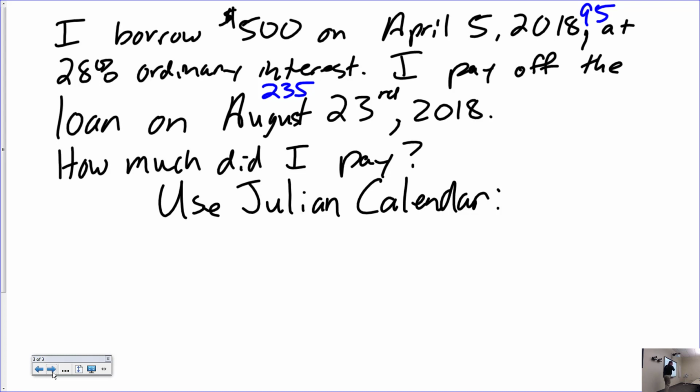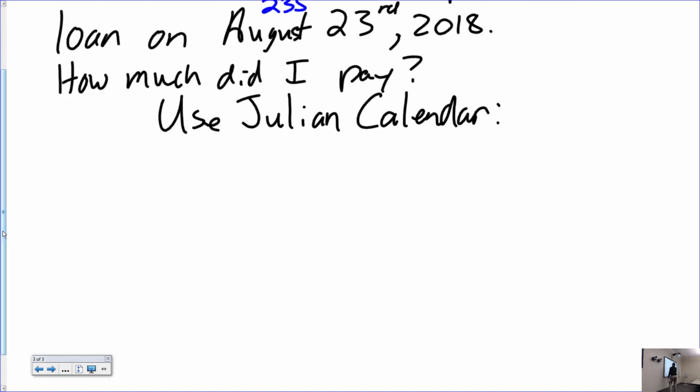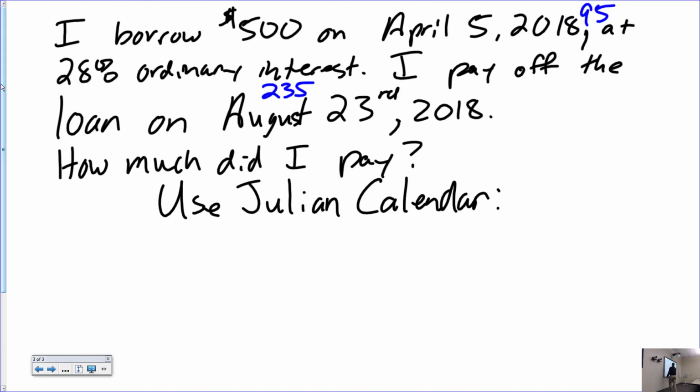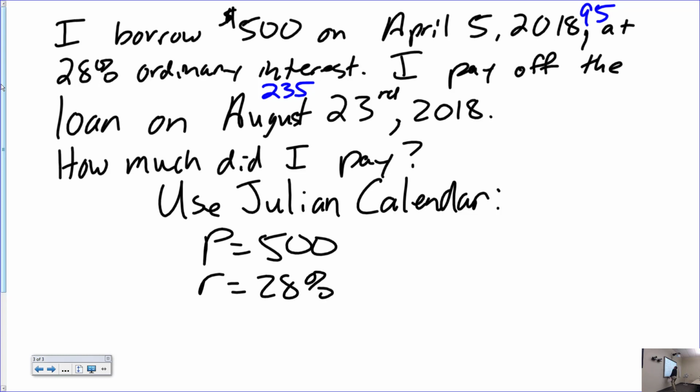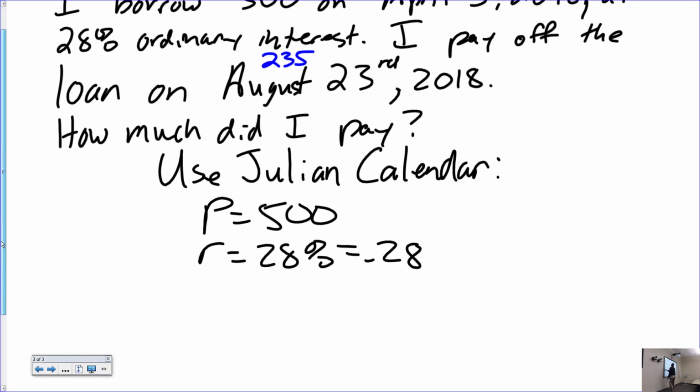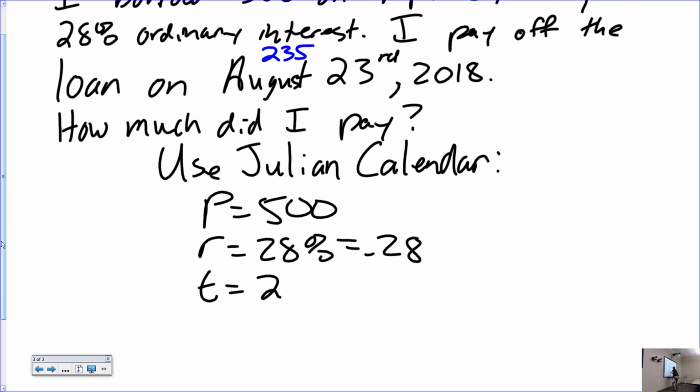So, in other words, be able to figure out how many days there are between dates using this calendar, okay? Otherwise, everything else flows the same way. Principal is 500, rate is 28%, which is 0.28, and this time time is 235 minus 95 equals 140 days.